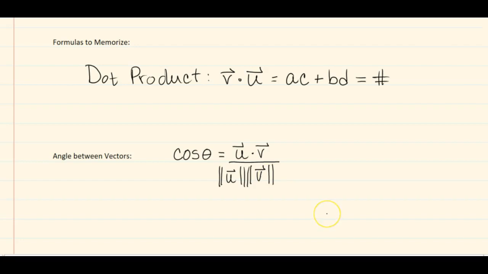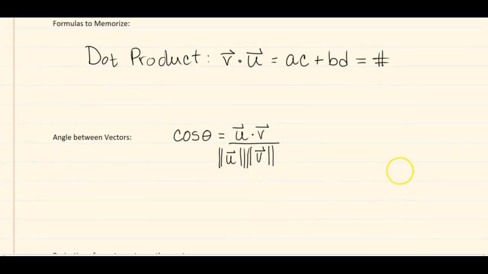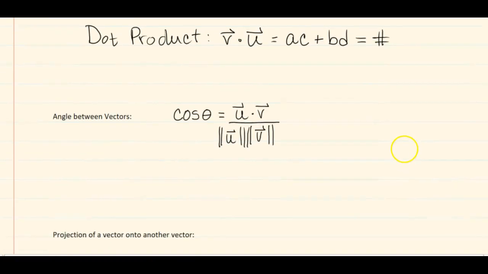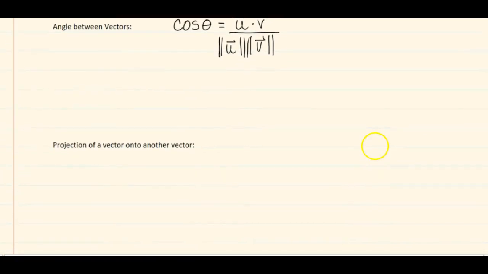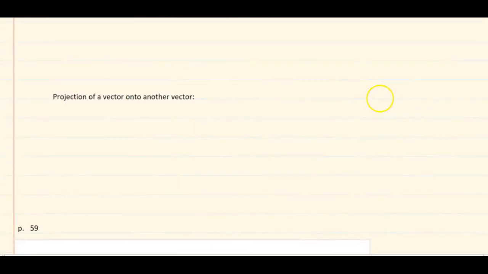Either one will work. So these two we need to make sure we know and memorize. Another formula that we're going to talk about is the projection of a vector onto another vector. For that one, I will be giving you the formula so that you don't have to memorize it.